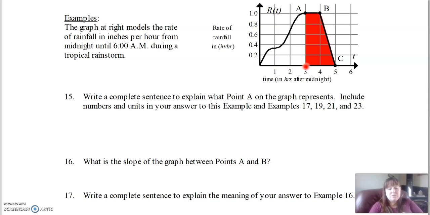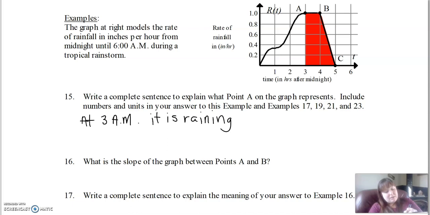If I put in time equals 3 into this graph, I get out 1. And what does time equals 3 really mean? It means at 3 a.m. it is raining, let's see, at a rate of 1 inch per hour.